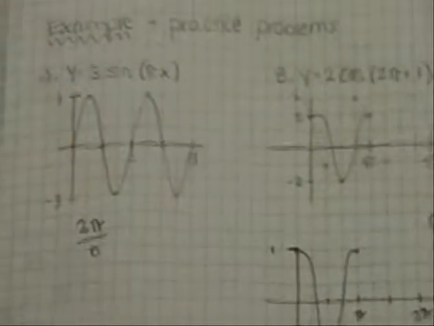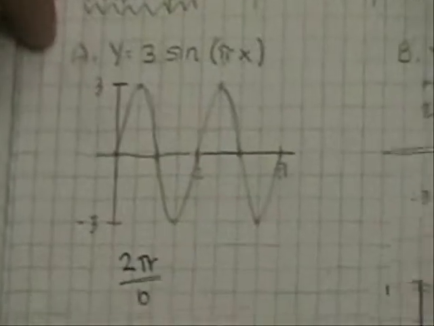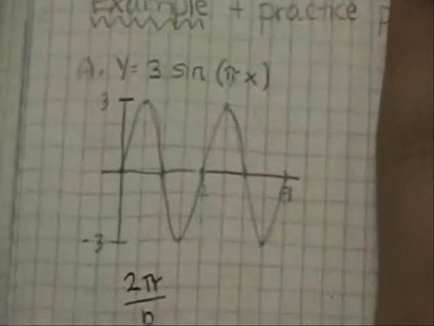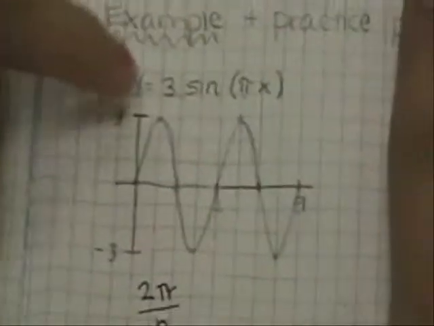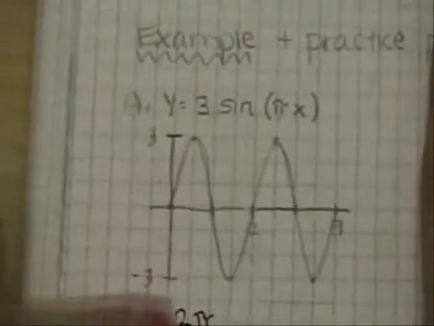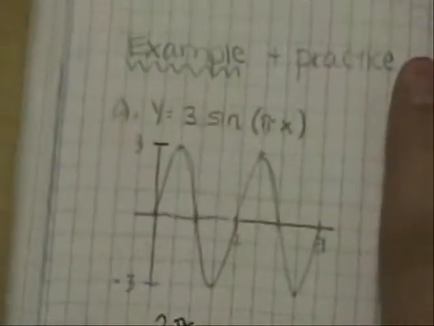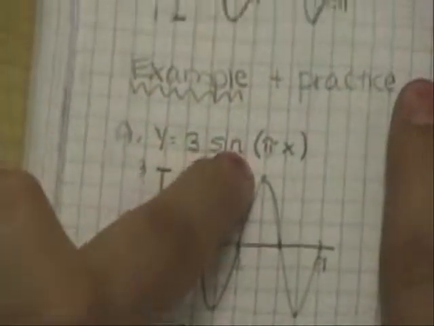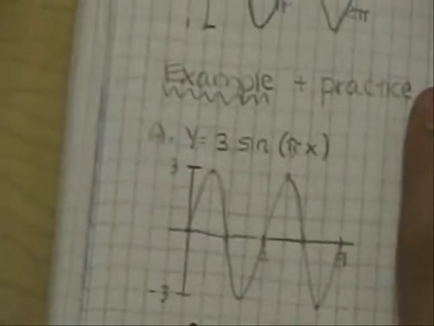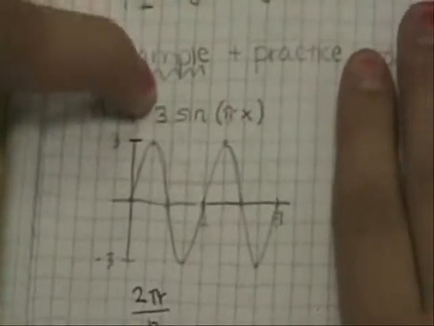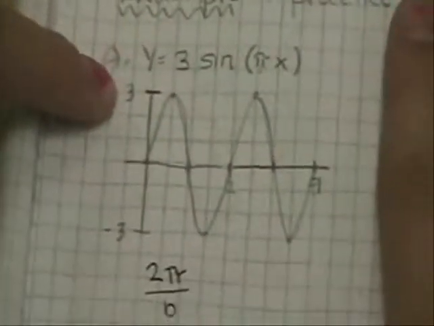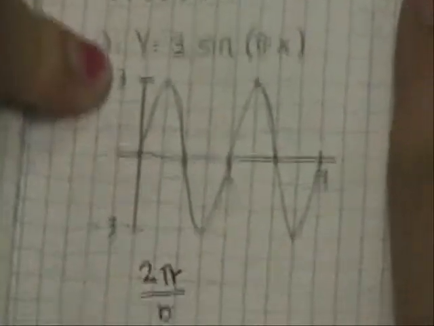Alright, now here's an example problem. You can see that we have the equation y equals 3 sine pi x, and that is represented in the graph here. And just to show you how we did that is we realized that it was a sine graph, and so we started at the origin, and then the number in front of the sine is the amplitude, and so we made our units go up to 3.